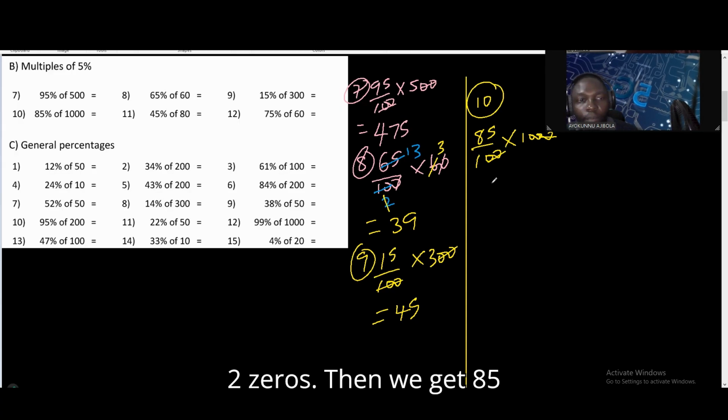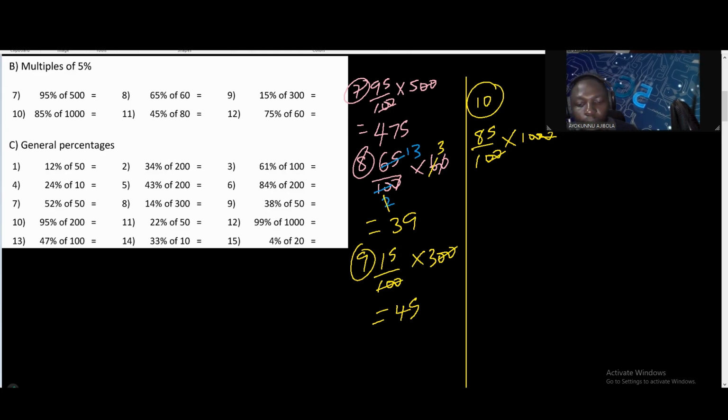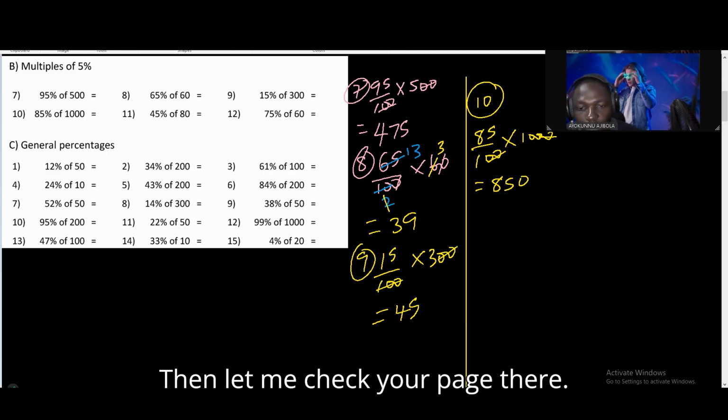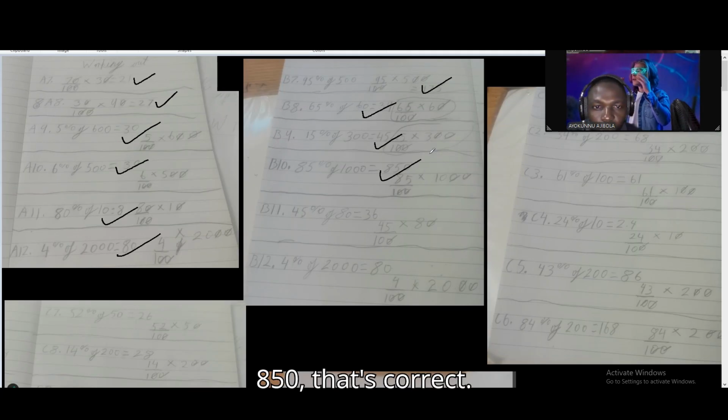Then we get 85 times 10, which is 850. Okay. Then let me check your page there. 850, that's correct.